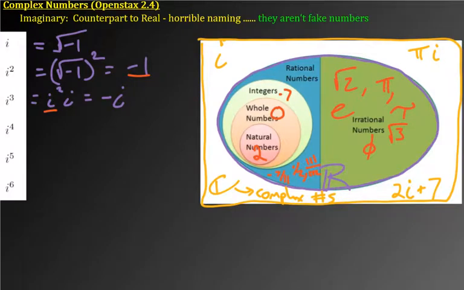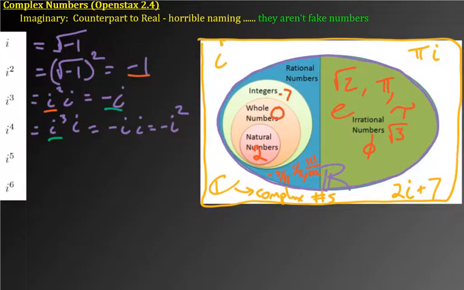If I keep going with that idea, i to the fourth is i cubed times i. And we just said i cubed is -i. So then if I put in a -i times another i, I would get -i squared. But we also just saw up here that i squared was -1.